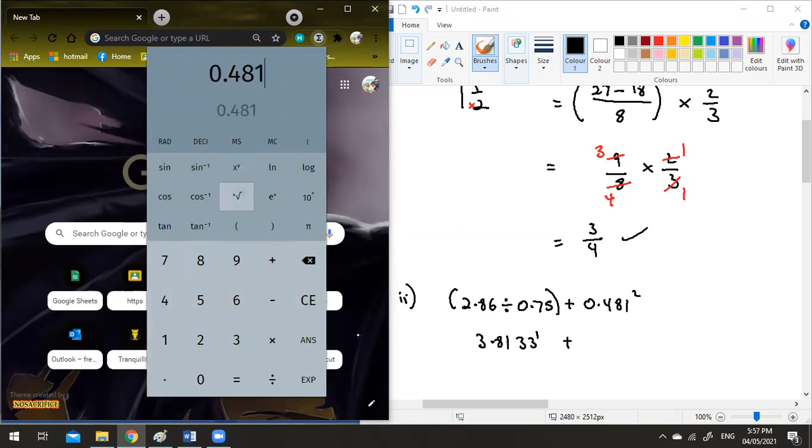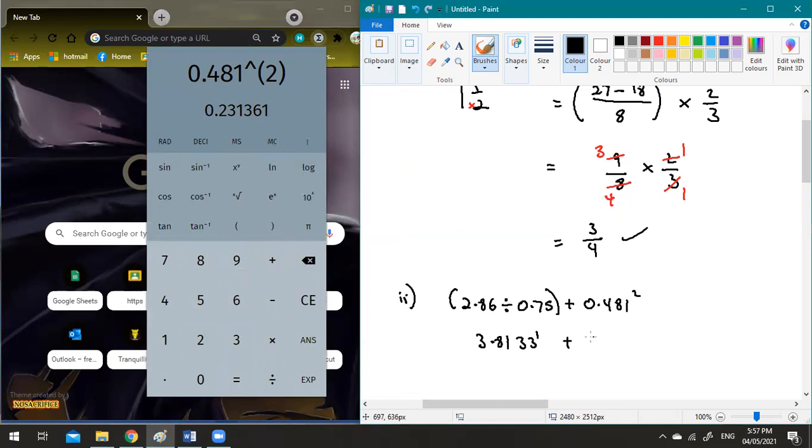0.481. On your calculator, you will see the square sign, right? If you're not seeing the square sign, you will see one that says XY, right? You just put 2 after it, and it will square. So you get 0.23161, right?